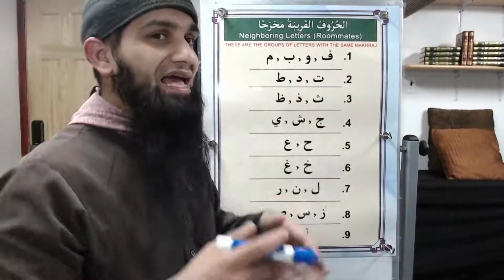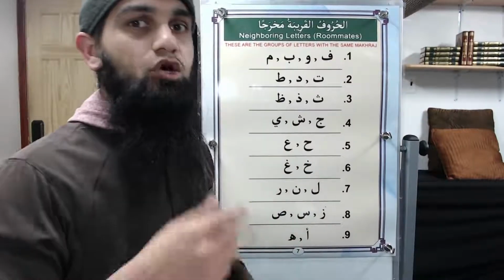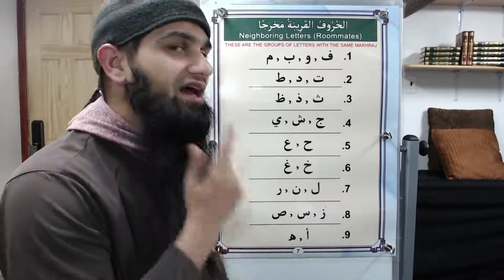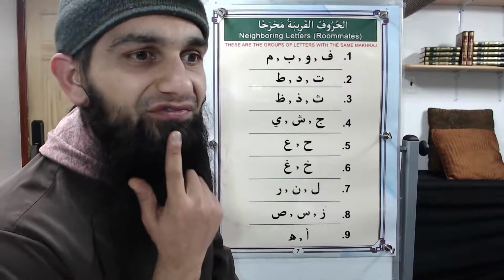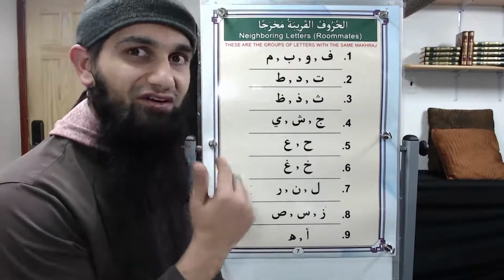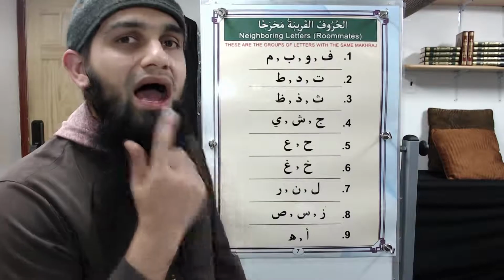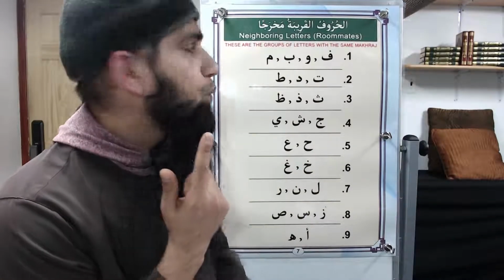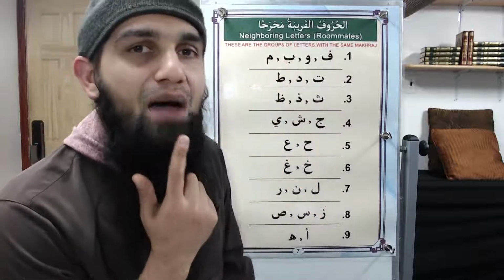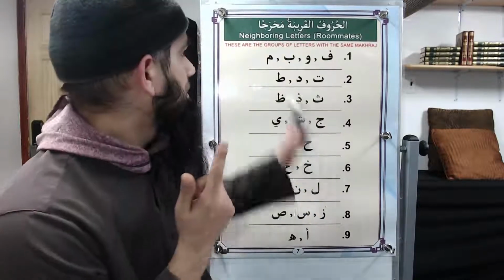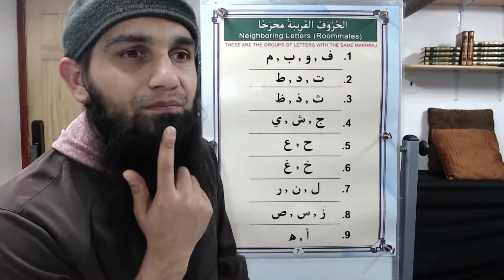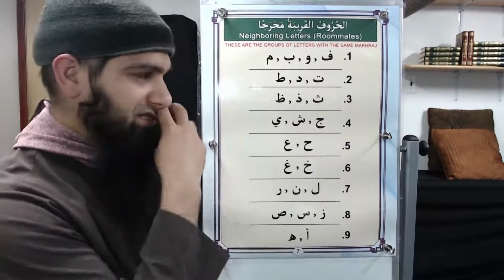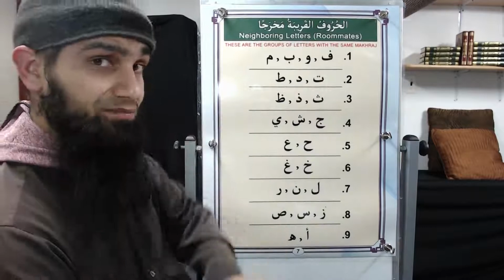So Fa, if we place the A before it, look, af. Say, af. That's the sound. Aw. Ab. Am. So this is how we know the sound of each letter. So all of these come from the lips.